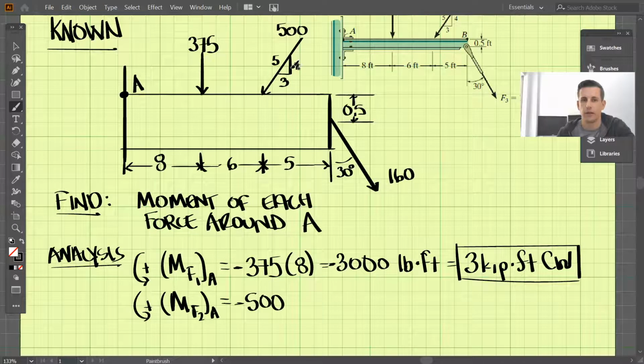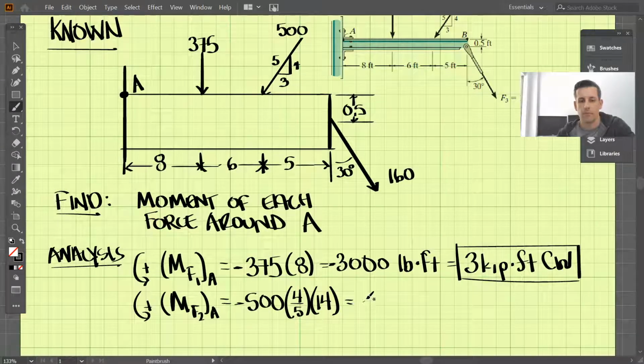If we look at this triangle, we see that the downward component is 4 and the hypotenuse is 5. So there we have the force component acting downward, and then don't forget to multiply it by the perpendicular distance it is away. That's 8 plus 6, which is 14.